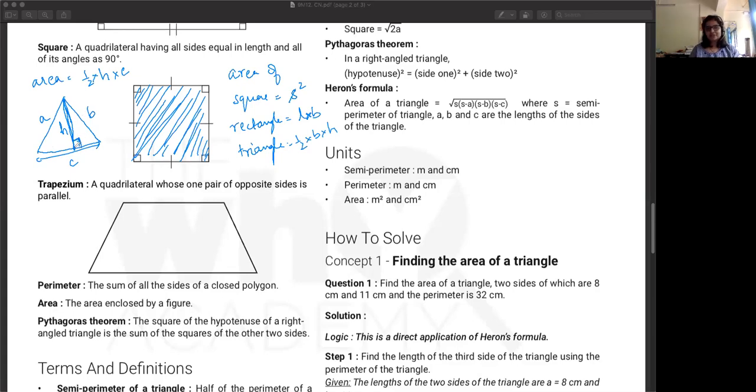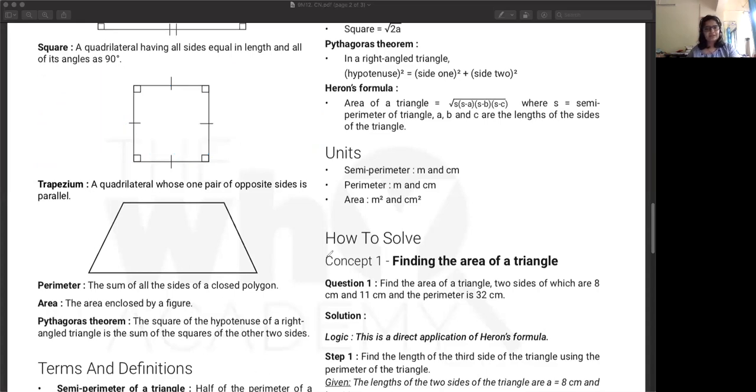So this is H, which is falling on the side with length C. That is why the formula here becomes half into C into H. If I used this other altitude, the one in red, I'll call this H1, perpendicular to the side of length B, then you have to consider half into H1 into B. The base and the perpendicular should be perpendicular to each other. You can't take random lengths. This is a really important bit that you need to remember.